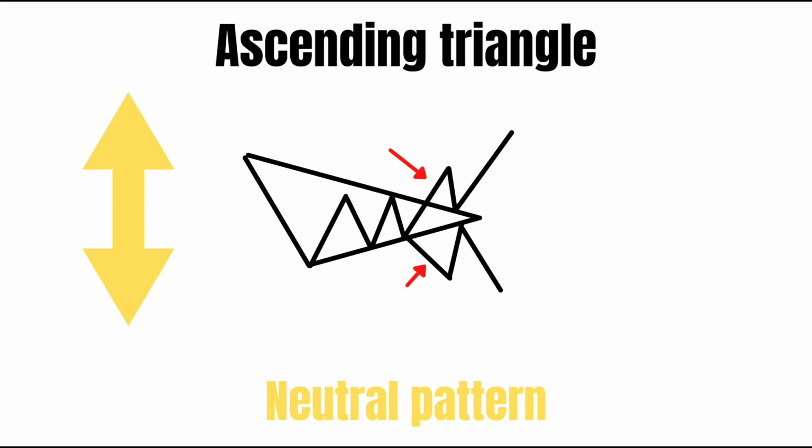If price breaks out to the upside, the stop should be below the confirmed demand zone. The target should be at least 3 times the stop size. If price breaks out to the downside, the stop should be above the upper horizontal line and the target should be at least 3 times as big as the stop.